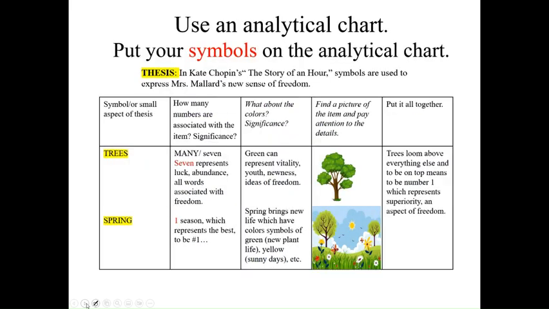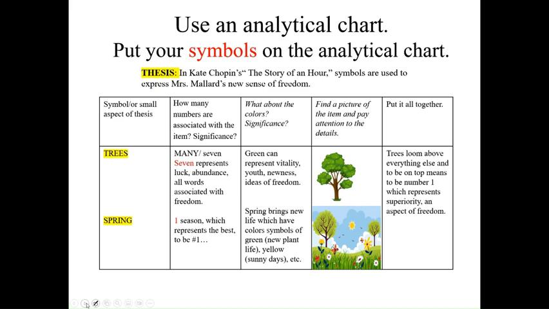Okay, so once you find your symbols, you're going to put them down. For each paper, you want to at least identify 5 or 6 symbols, and you want to use your analytical chart. You want to start putting your symbols on an analytical chart so that you can start breaking this down and start putting some analysis in your paper.